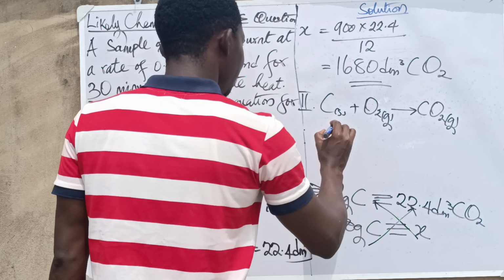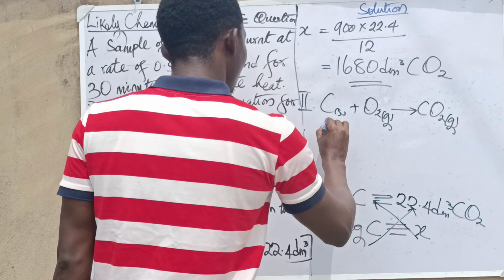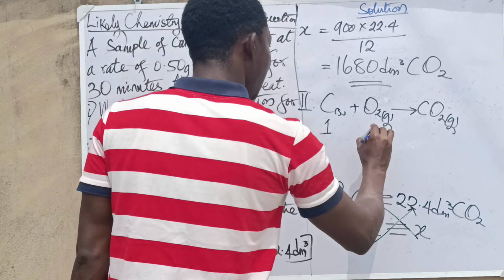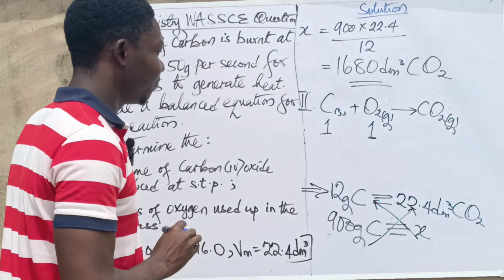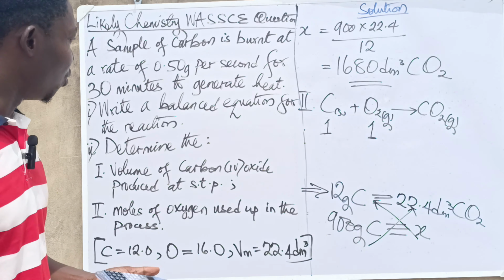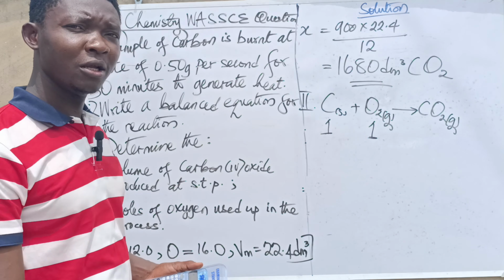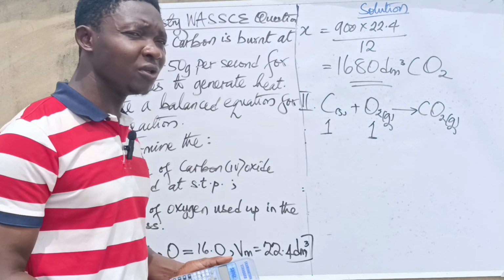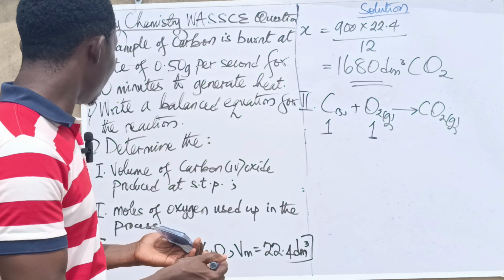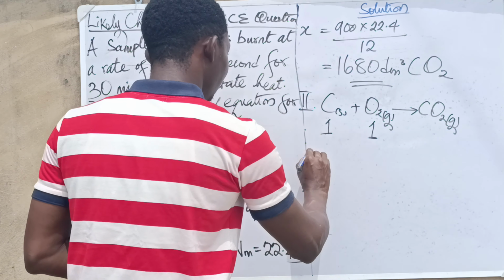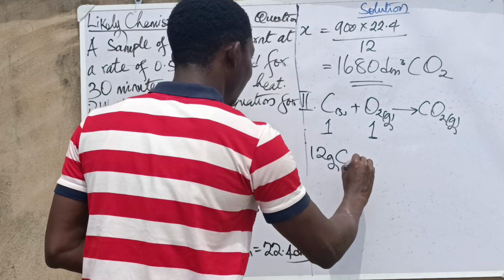So let's go. Here we have 1 mole of carbon reacting with 1 mole of oxygen from the balanced chemical equation. Realizing from the balanced chemical equation once again that 1 mole of carbon burns in 1 mole of oxygen. So 1 mole of carbon here, remember, is equivalent to 12 grams of carbon.